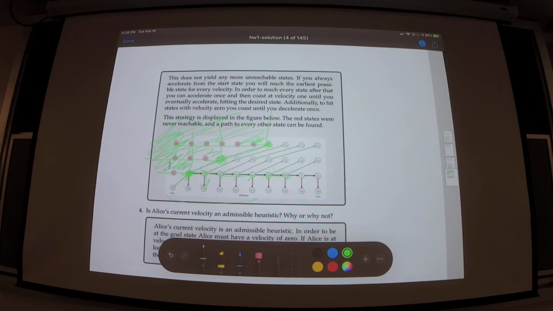To reach any of these above states, you can then, at the prescribed time, accelerate. Make sense? So they're all reachable under this new strategy. There are no states that are unreachable under the restricted set of actions that are reachable under the unrestricted set of actions. If you find one, it would surprise me, but bring it to me. But I'm confident they don't exist. So, all right, does that make sense?